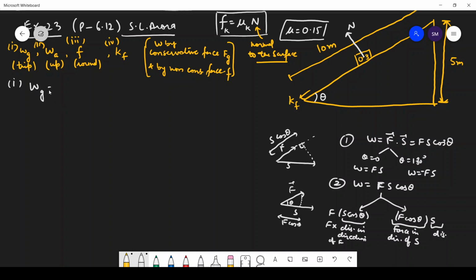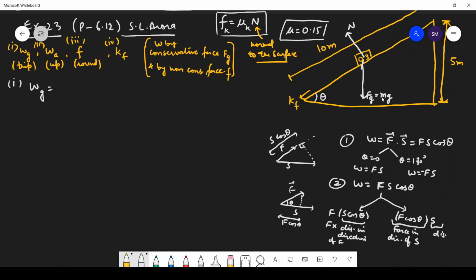So here, work done by gravitational force is, what is theta? What is the direction of gravitational force? It's always vertically downwards.